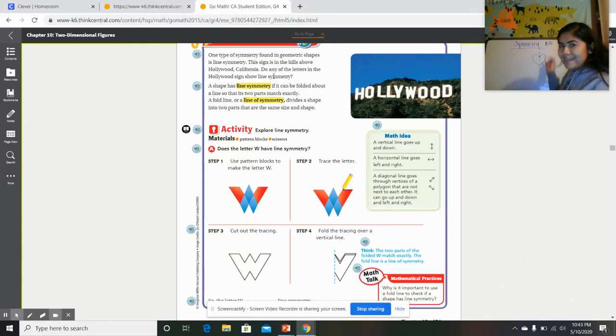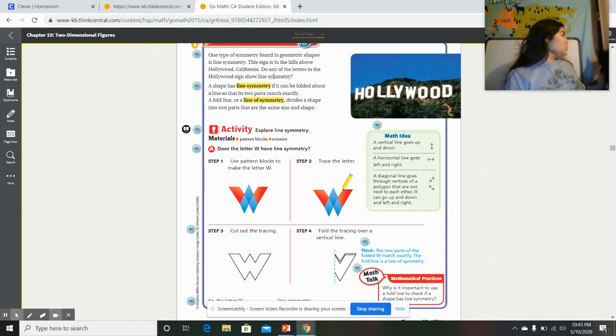Now, because I can't draw a perfect heart, this exact drawing won't match up, but if I could draw a perfect heart, then it would work really well. You would be able to do that.